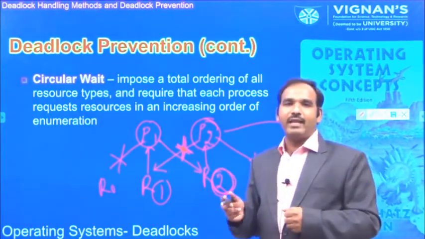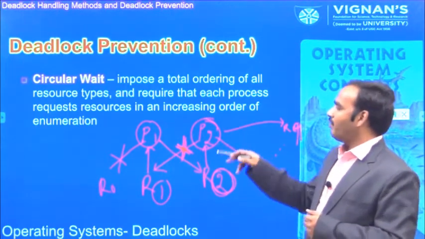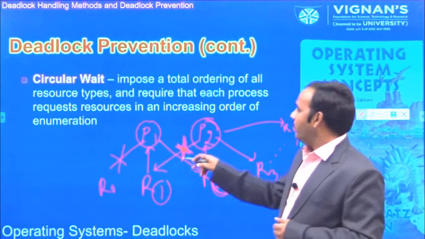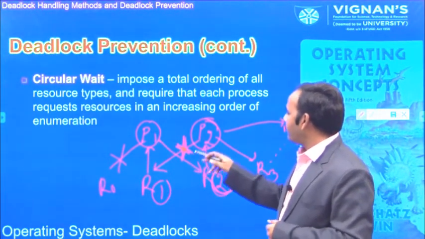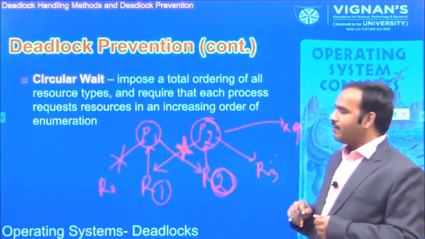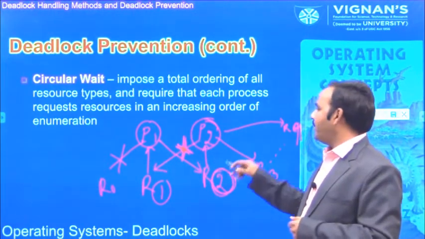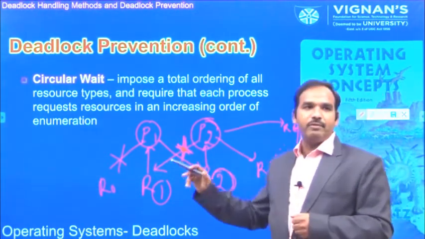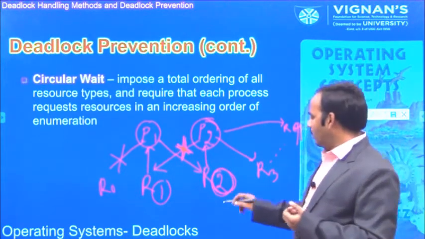Once you break the cycle, there is no cycle in the RAG, there is no chain of processes. P2 is not waiting for P1. P1 is waiting for only P2, and P2 is not waiting for P1. Therefore, there is no deadlock.